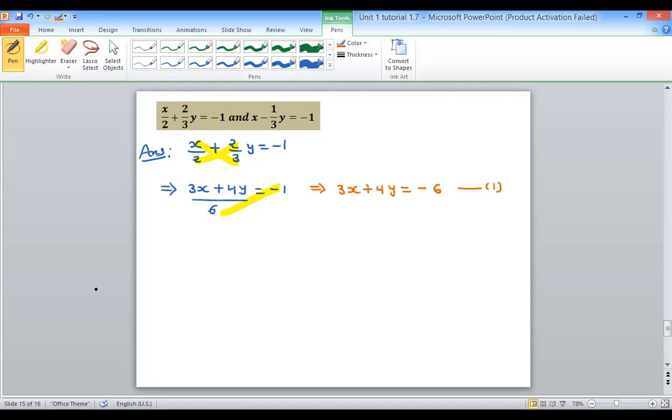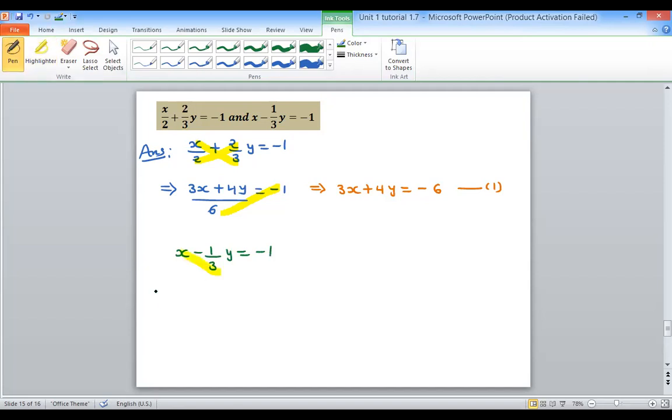What we can do, I'm taking the cross multiplication to make the equation easy. Okay, Divya, very good. Answer is -6y and y is -3 by 4. Okay, let's check. Very good. Now moving on to the second equation. Second equation is x minus 1 upon 3y is equal to -1. Again, I'm taking the cross multiplication here.